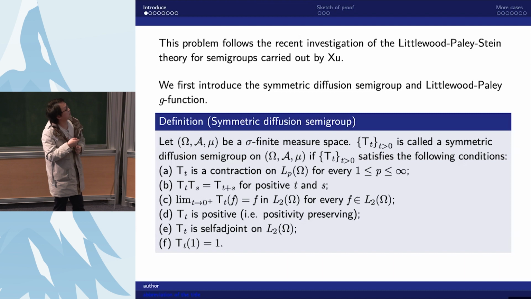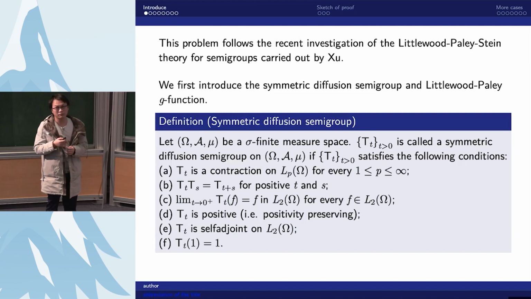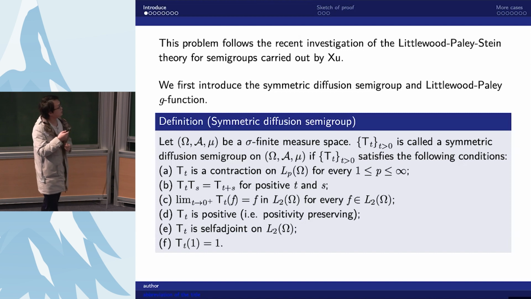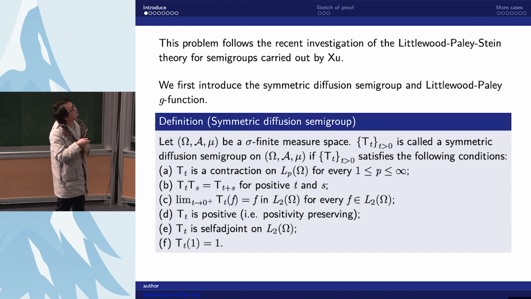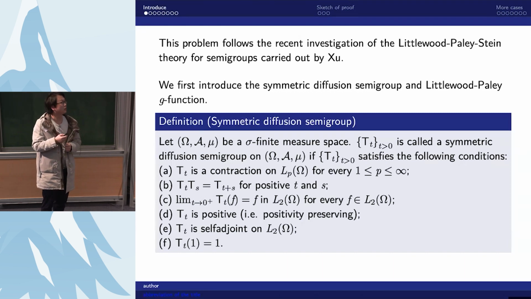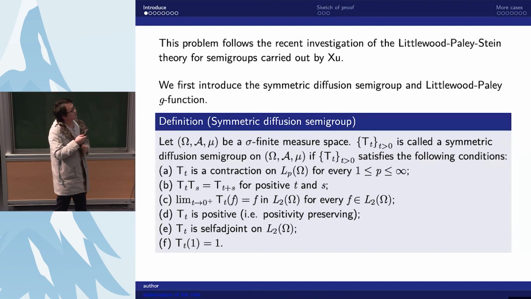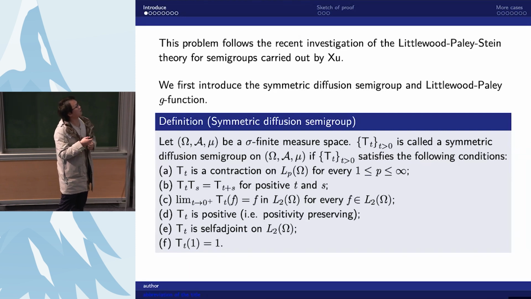This is the definition. Let (Ω, μ) be a sigma-finite measure space, and T_t, t > 0, is called a symmetric diffusion semigroup on Ω if T_t satisfies the following six conditions.